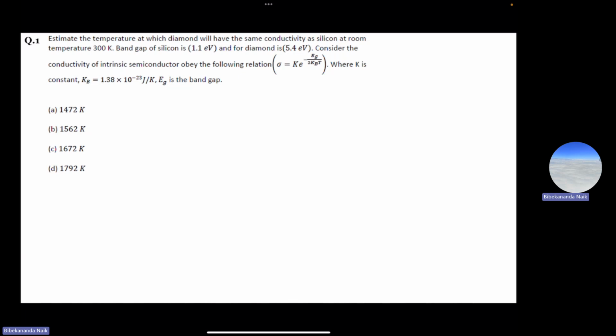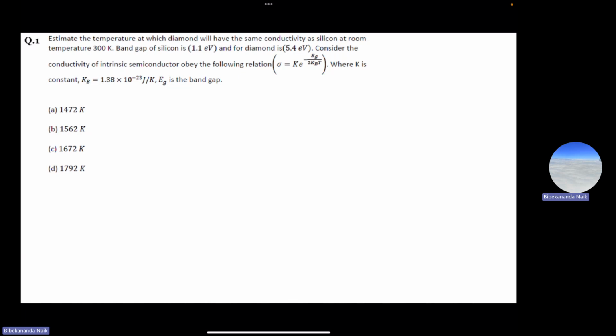Consider the conductivity of an intrinsic semiconductor obeys the following relation, that is sigma equals K exponential minus Eg by 2 kBT, where K is the Boltzmann constant and Eg is the band gap. The value of the Boltzmann constant is also given: kB is equal to 1.38 into 10 to the power minus 23 joule per Kelvin. And the options are option A 1472 Kelvin, option B 1562 Kelvin, option C 1672 Kelvin, and option D 1792 Kelvin.